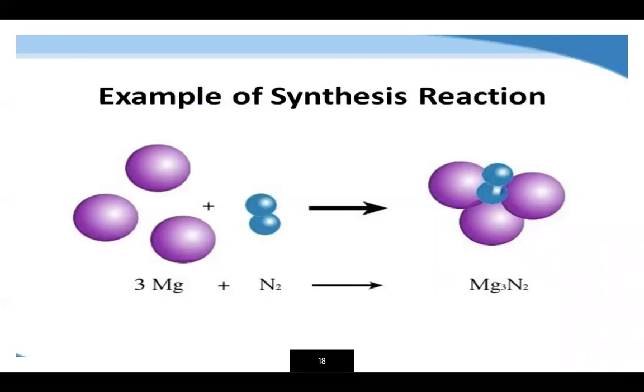Now we have N2 with 2 and 2 combined, right? It's one whole thing, but there's 2 of them. We combine them, there's 3 Mg combined with the 2 N, the nitrogen gas, and they combine to form Mg3N2, right? And you can see that there's those 3 purples and those 2 Ns all combined to form one structure.